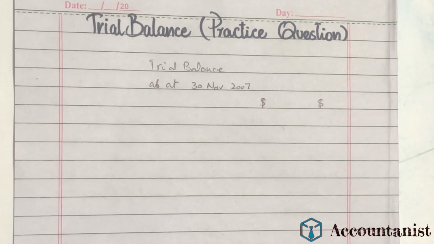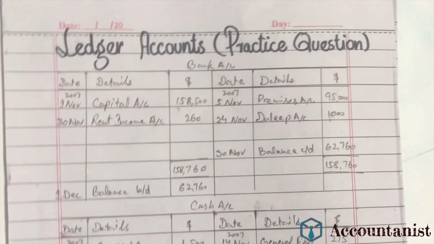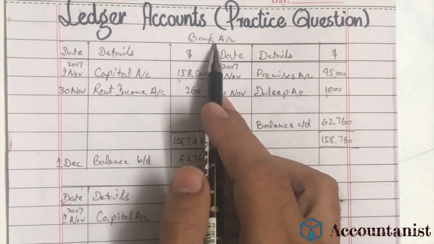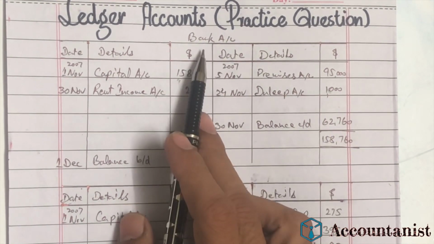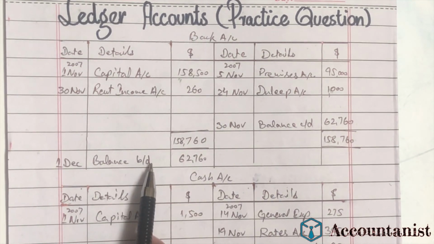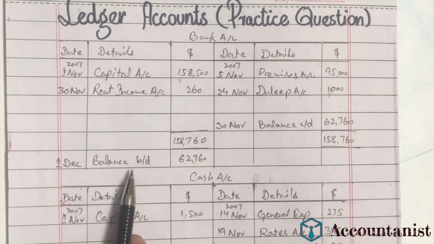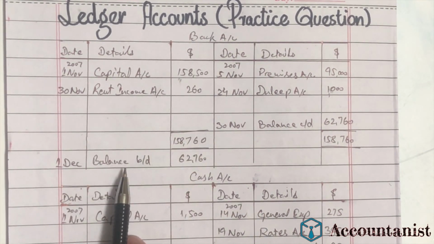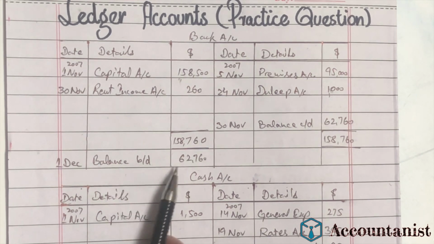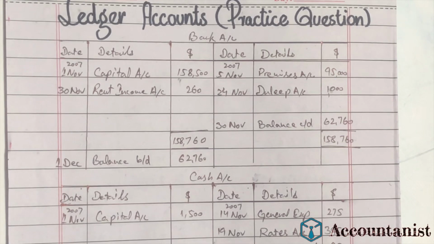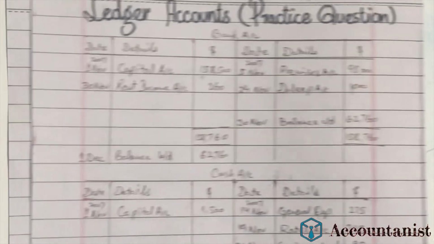The first account that we had in that question is the bank account, and what do we have to do? We have to look into the balance brought down, and the side of that balance brought down. This bank account has a balance brought down on the debit side with the amount of 62,760. So we'll write this here.